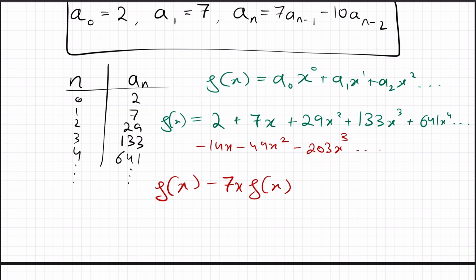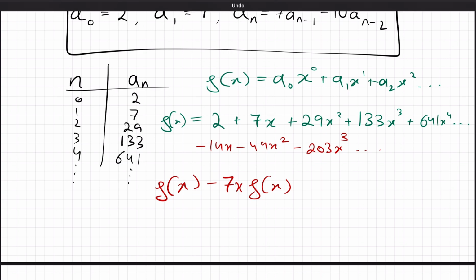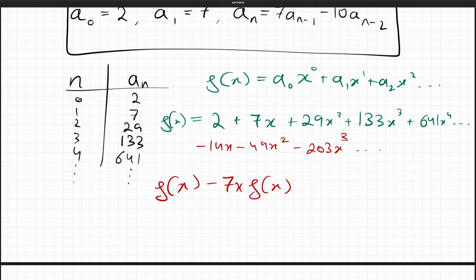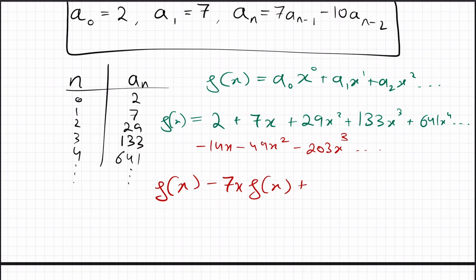And this is going to go on. So that's the first part. We're taking away 7 times the previous term. And now what we're also going to do is see how we subtract 10 times the 2 previous terms. So I'm going to add 10 times x squared times f of x.